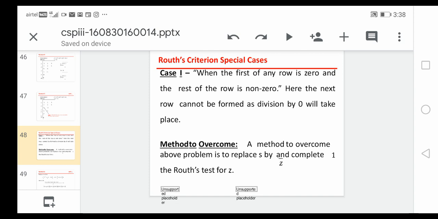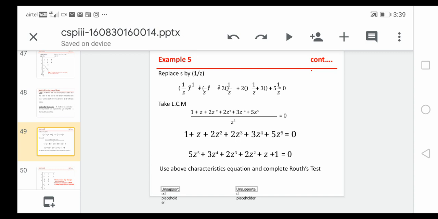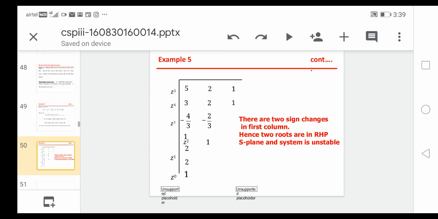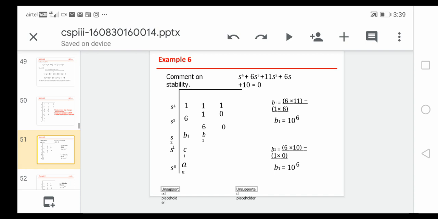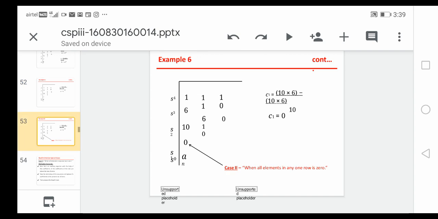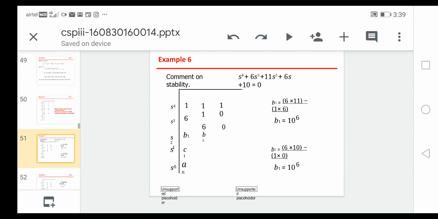Whenever you are writing the Routh array using the first two rows, if you get the first element in a particular row as 0 and the remaining elements non-zero, then you just replace that zero with an epsilon and do the same calculation.